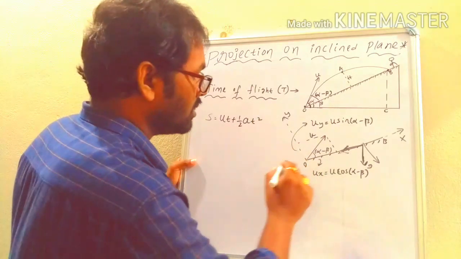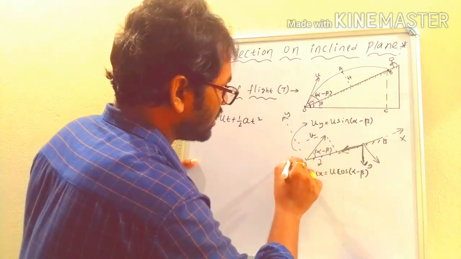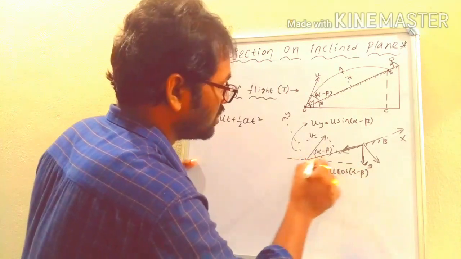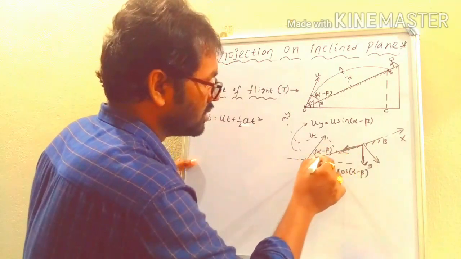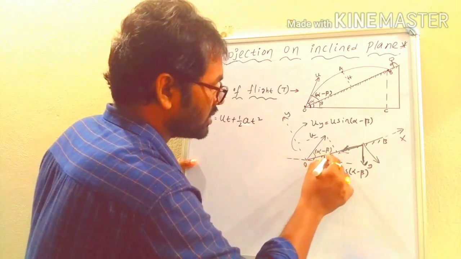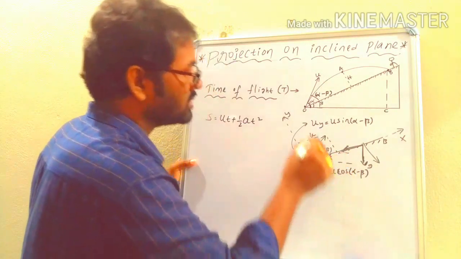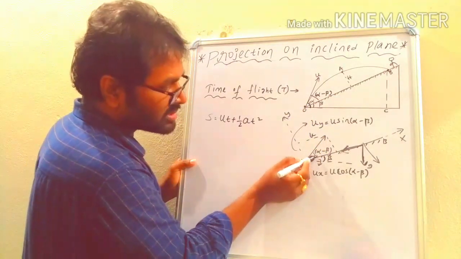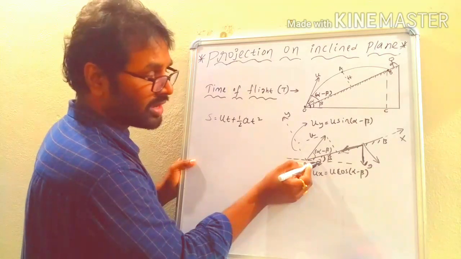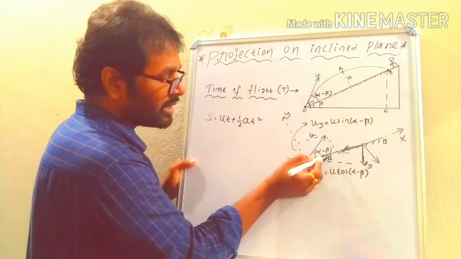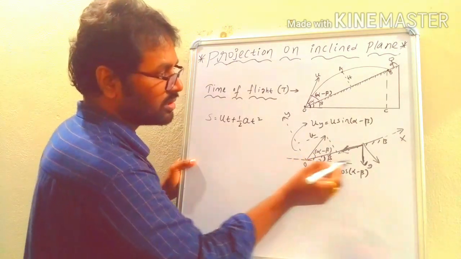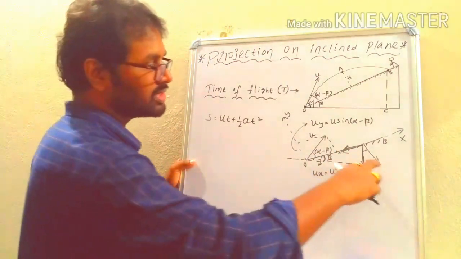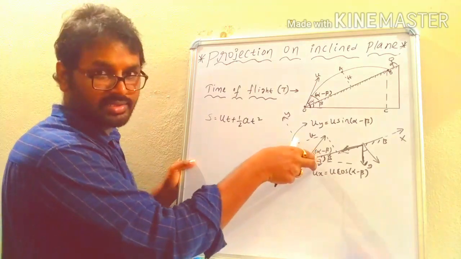Is it okay? If you take the horizontal line, the baseline, this is the ground, and this is the inclined plane. The angle is already given as beta, right? Here is beta. If the angle between these two lines, the inclined plane and the ground, is beta, then the angle between these two lines also comes as the same angle, because these two lines are perpendicular to those lines.